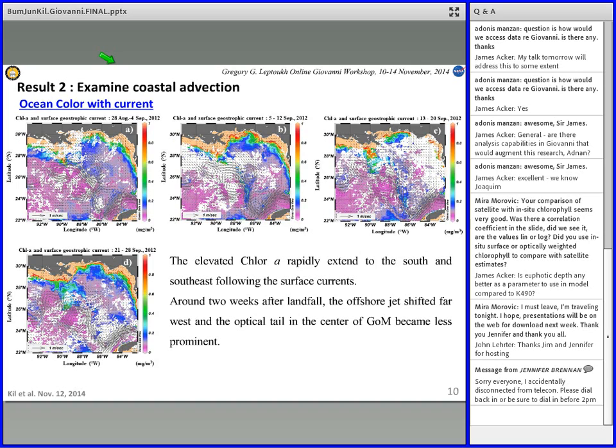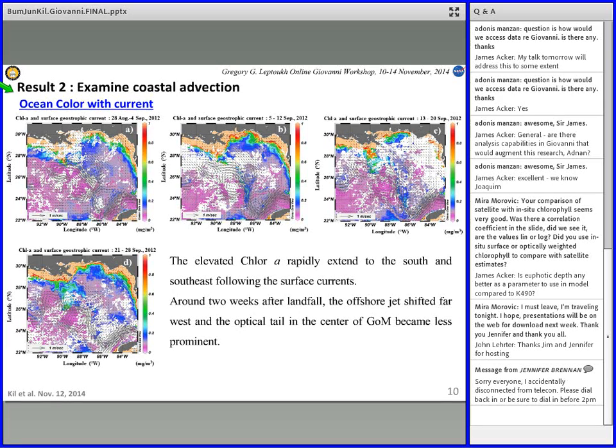We can. The chlorophyll A can also be superimposed with the model and with satellite altimetry-derived geostrophic currents, and it is right. It's very difficult to compare chlorophyll A over the geostrophic current for this kind of offshore advection, because when a hurricane is passing through that region, there is still a large amount of cloud over there.